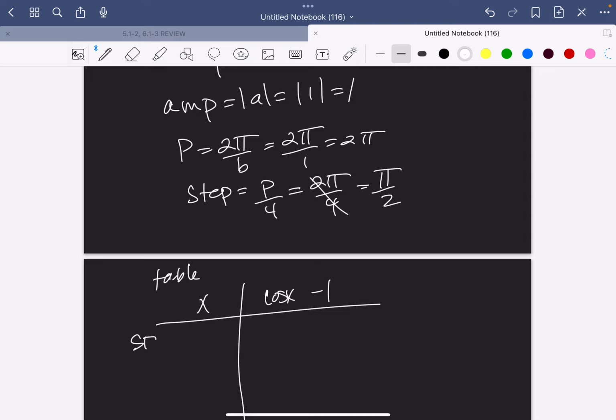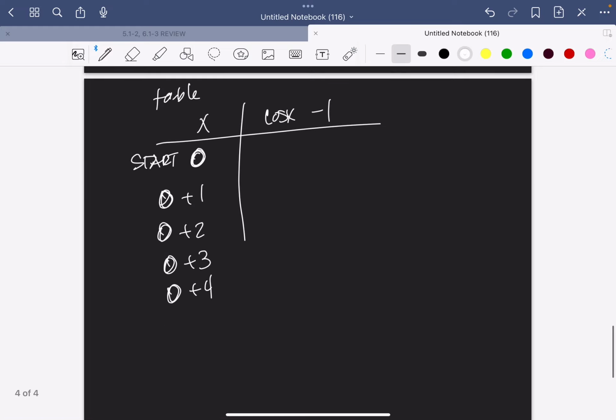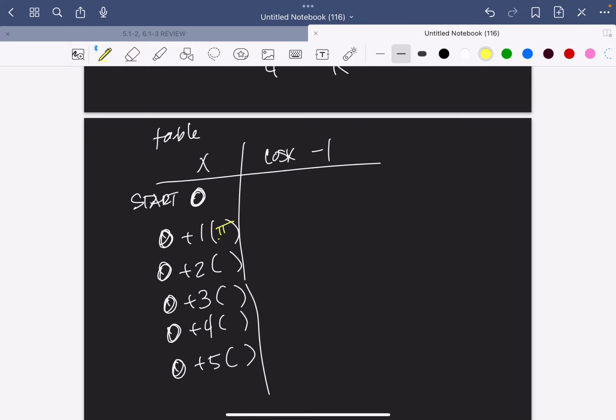So I'm going to have my starting value. Cosine starts at 0, and then it takes 1 step, 2 steps, 3 steps, 4 steps. And how big is each step? Well, in this case, every step is size pi over 2.